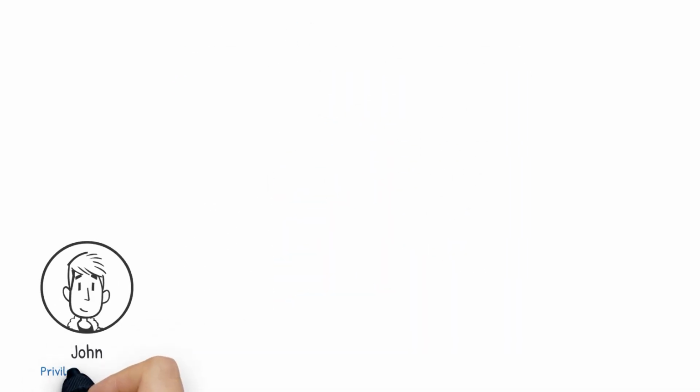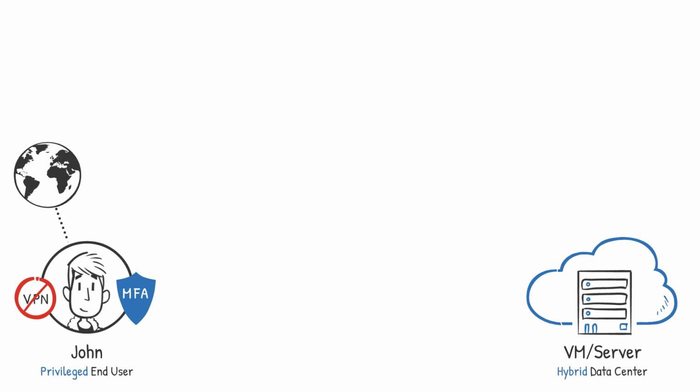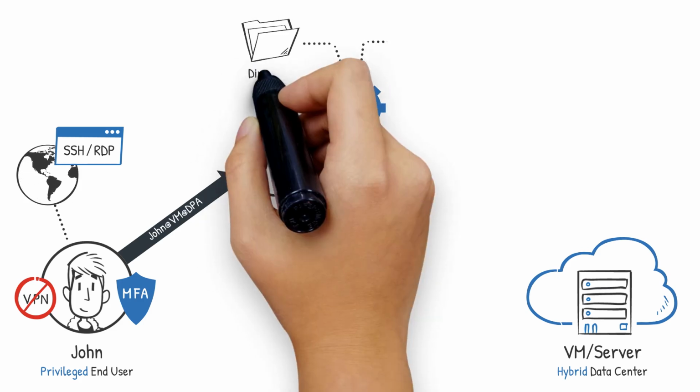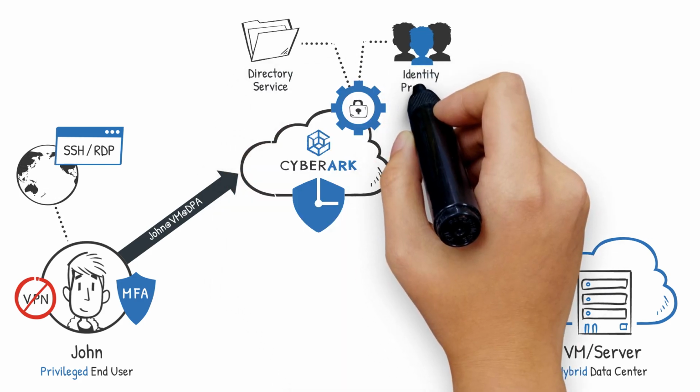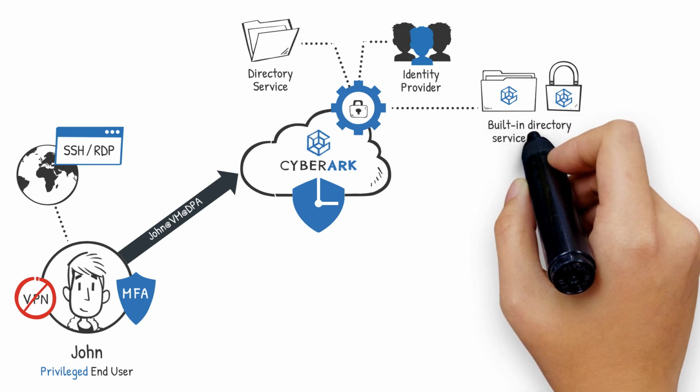Meet John, the end user, who needs to access a server or virtual machine in his hybrid data center. John can initiate an MFA-secured, VPN-less connection request from anywhere in the world using their preferred SSH or RDP client. The request is sent to the CyberArk-hosted DPA service, which can authenticate the user with any directory service or identity provider, as well as CyberArk's built-in directory service and MFA.